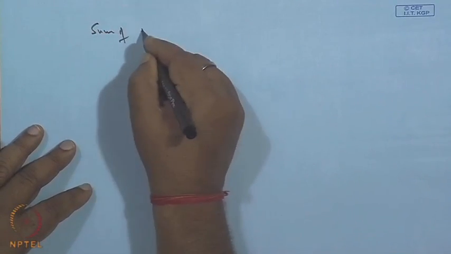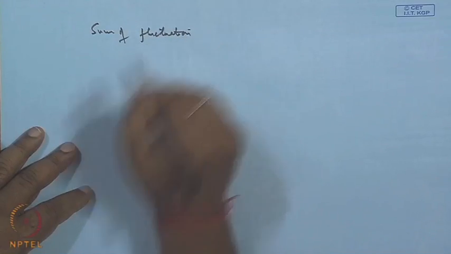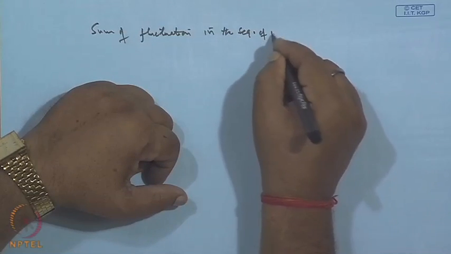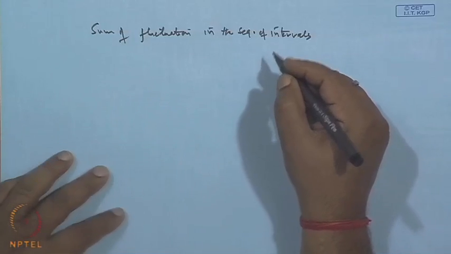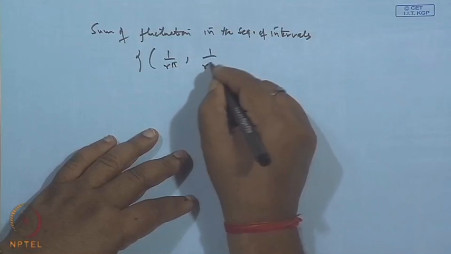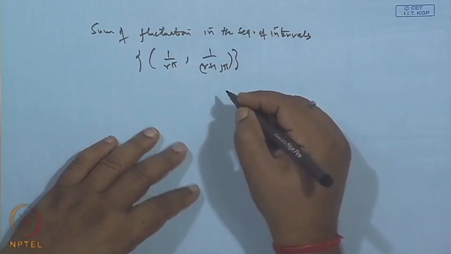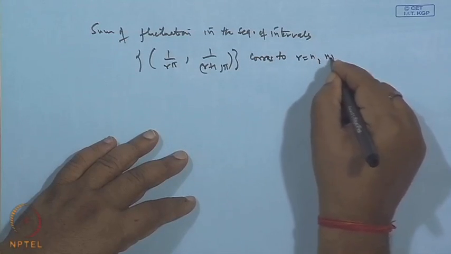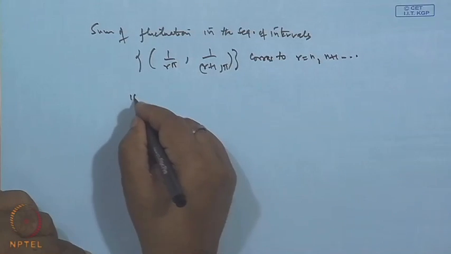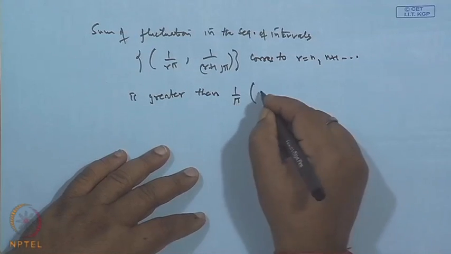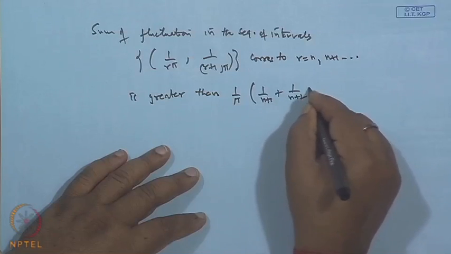Therefore, the sum of the fluctuation in the sequence of intervals 1/(r pi), 1/((r+1) pi), corresponding to r equal to n, n+1 and so on, is greater than (1/pi) times the sum 1/(n+1) + 1/(n+2) and so on.